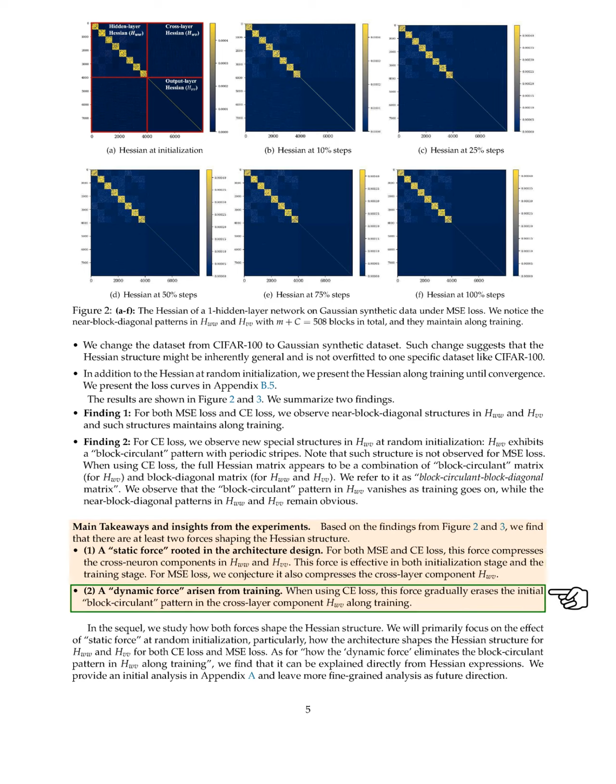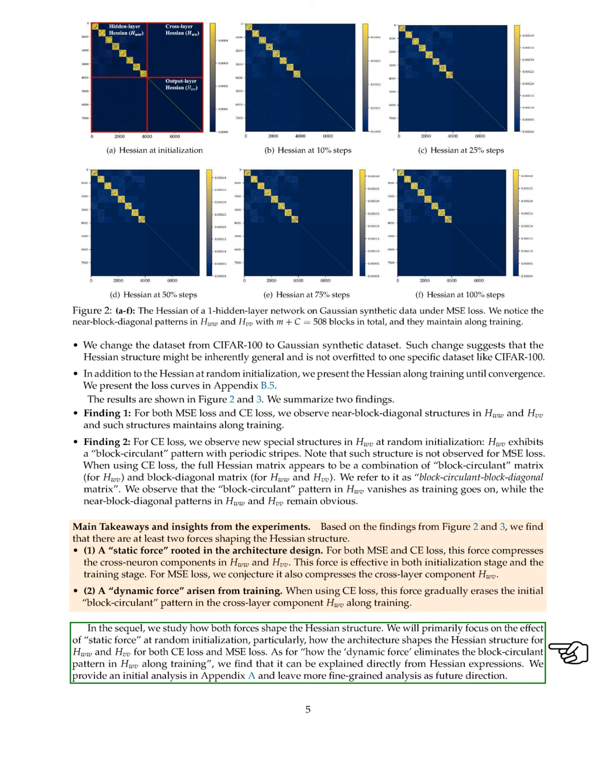A dynamic force from training that gradually removes the initial block circulant pattern in the cross-layer component when using CE loss. We will further investigate how these forces influence the Hessian structure, focusing on the static force at random initialization and its effects on the hidden and output layers for both loss types. We also plan to analyze how the dynamic force affects the block circulant pattern in future work.